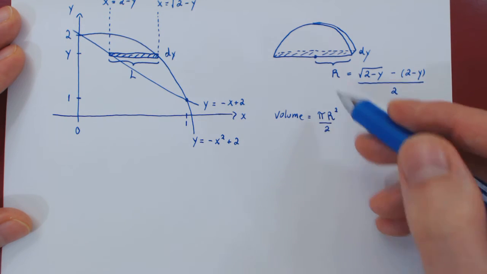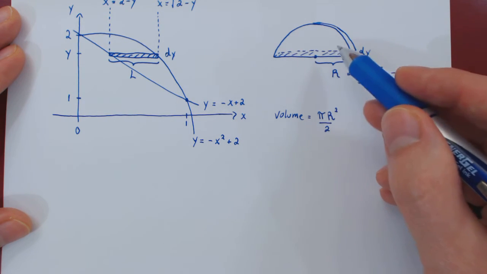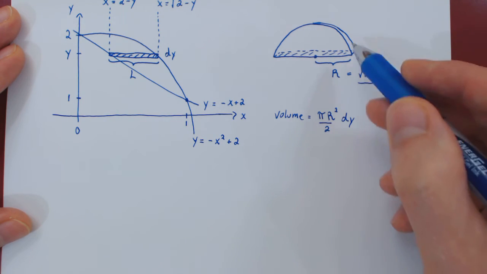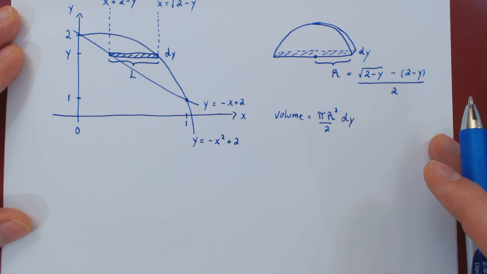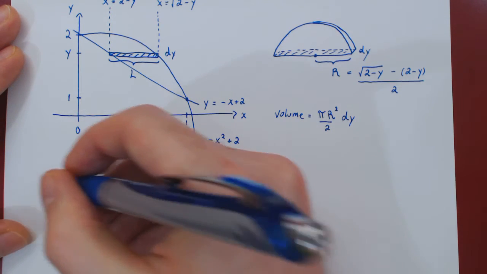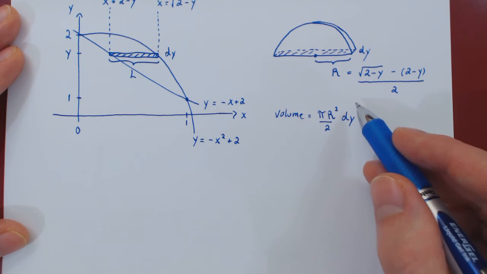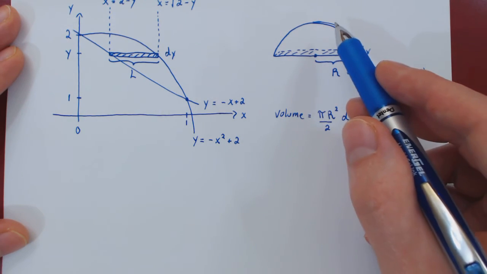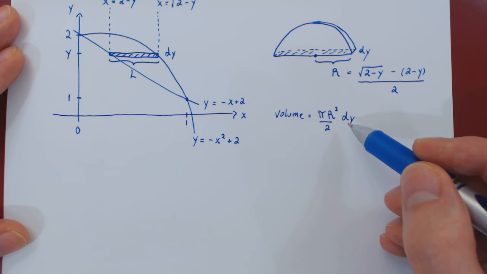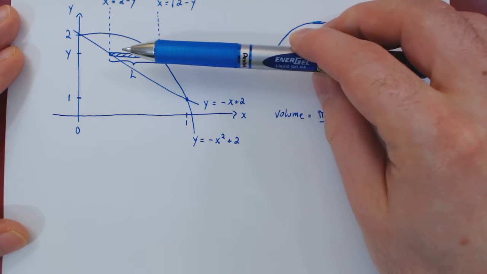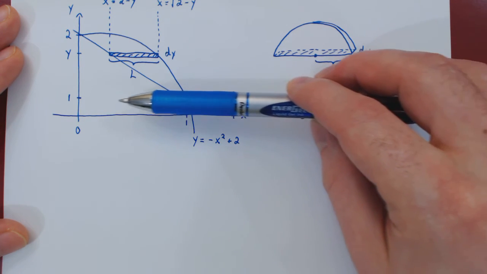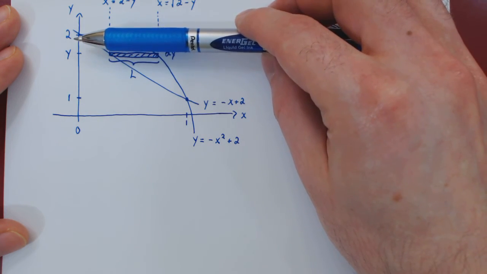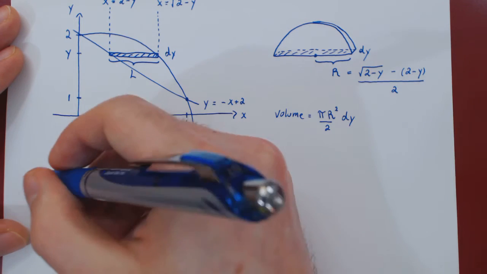So this returns the volume of the face of our semicircle times, of course, the thickness dy returns the volume of our infinitesimal cross-section. We can now obtain from this the total volume by summing up the volume of all the little cross-sections, but now we're summing along the y-axis. So the cross-sections begin here where y equals 1, and they go all the way up to here where y equals 2.